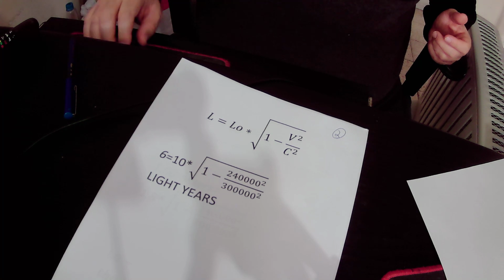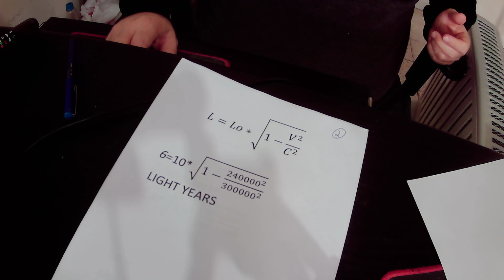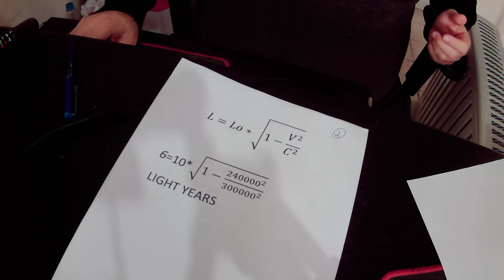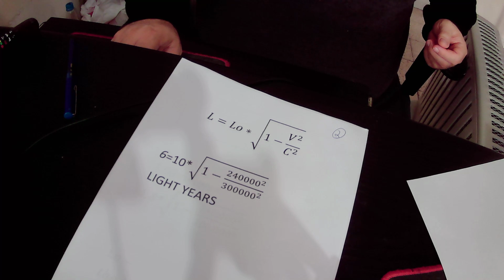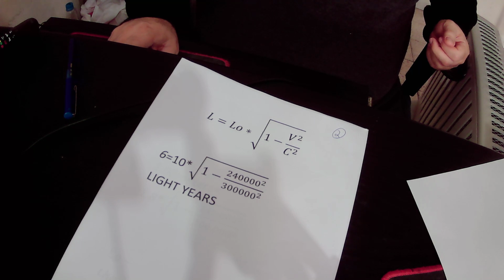But when you measure the distance from the spaceship that moves in space at the speed of 240,000 kilometers per second, the distance shrinks to only 6 light years from the point of view of the twin brother flying in the spaceship.